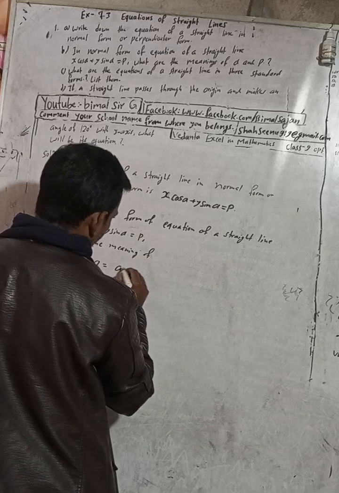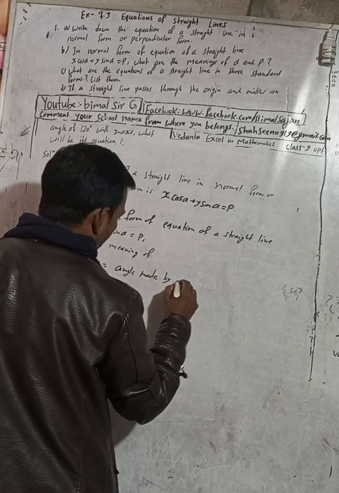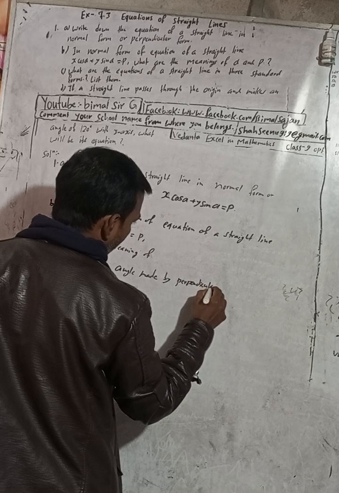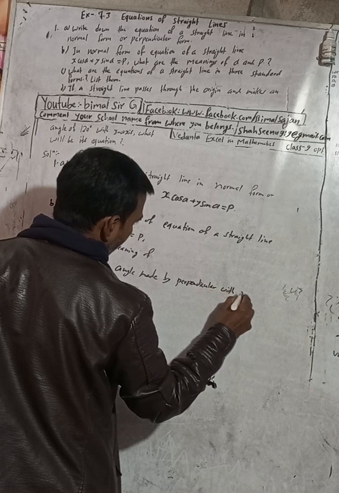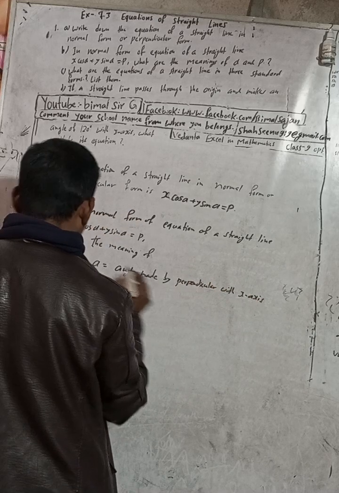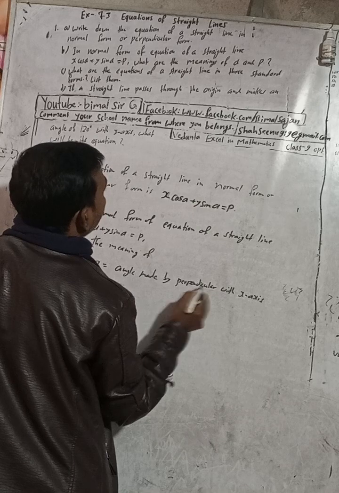And this p is the length of the perpendicular distance from the origin.